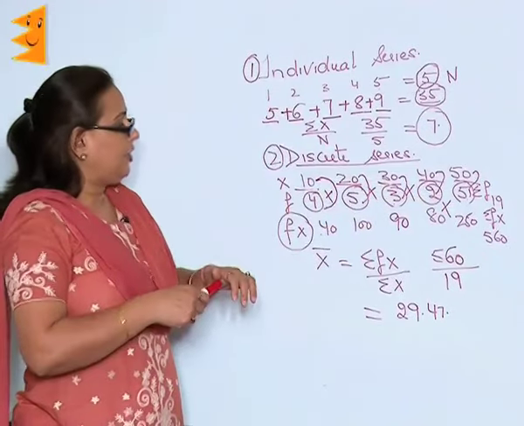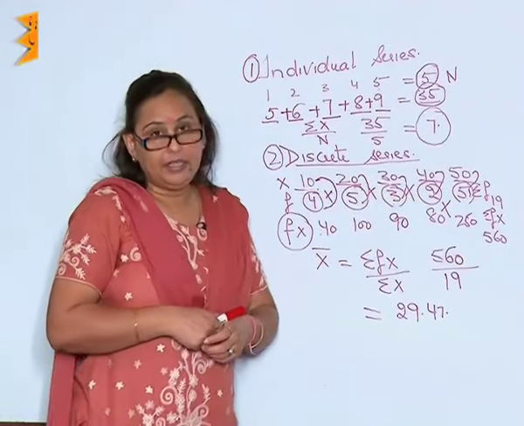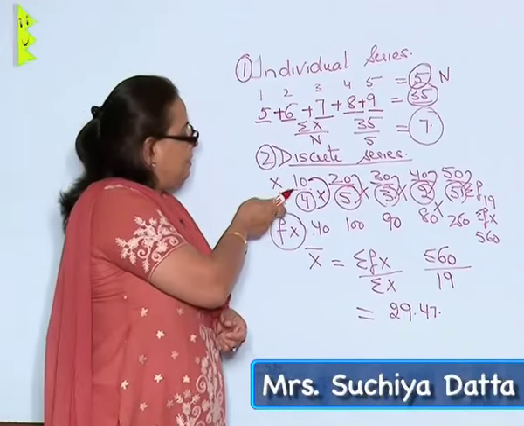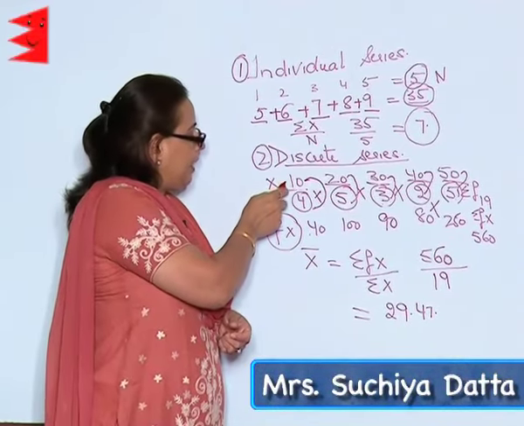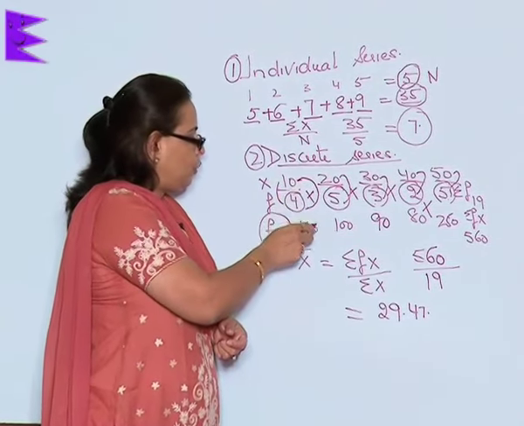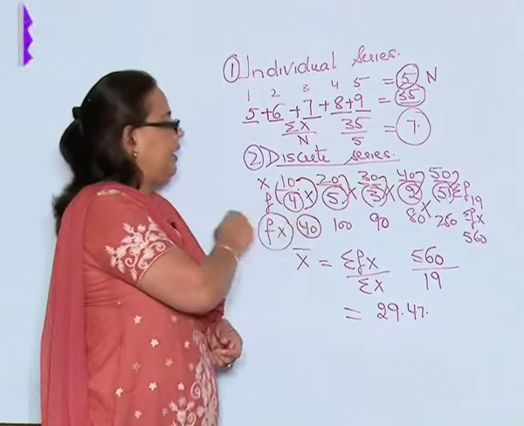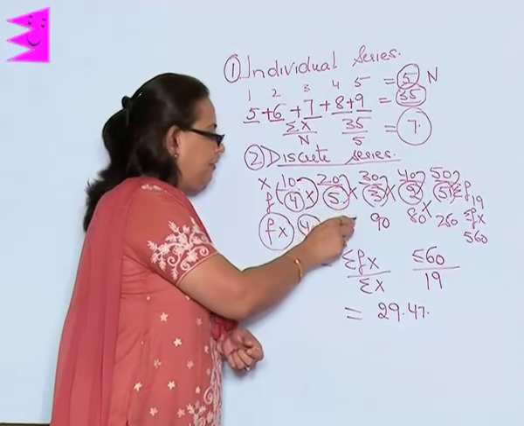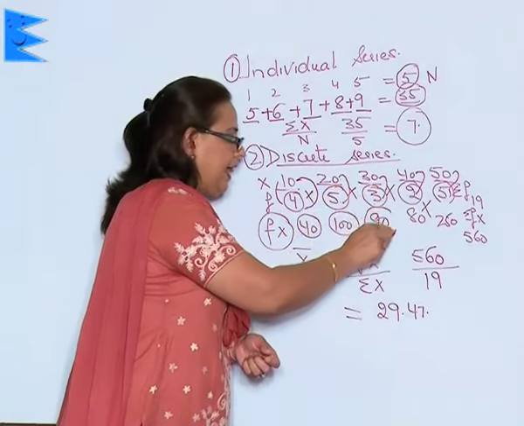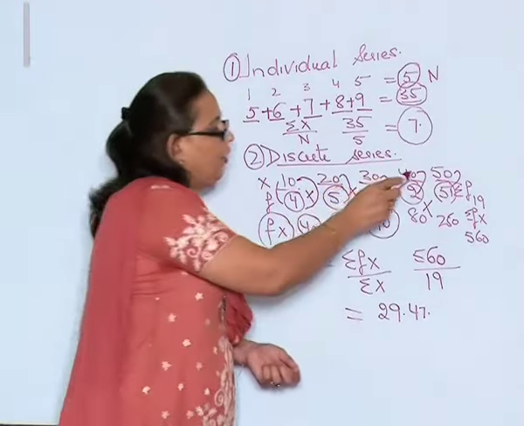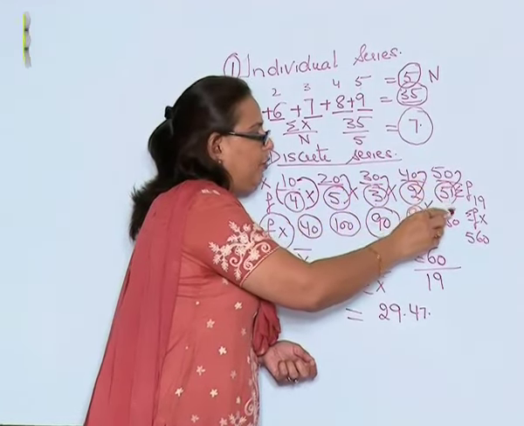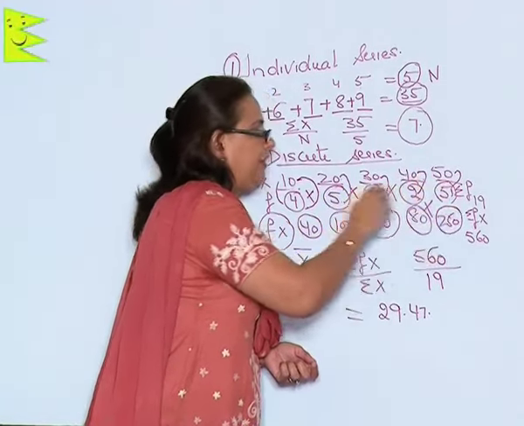But now I shall be finding out the sigma fx, which shall be calculated by multiplying the marks by the frequency. That is 10 into 4 gives me 40, 20 into 5 gives me 100, 30 into 3 gives me 90, 40 into 2 gives me 80 and 50 into 5 gives me 250.